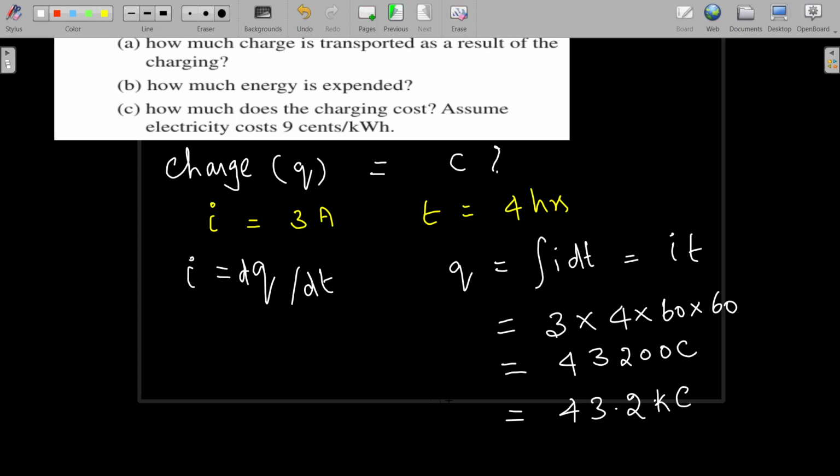Okay, so this is the answer for the first part. How much charge is transported? 43.2 kilocoulombs.